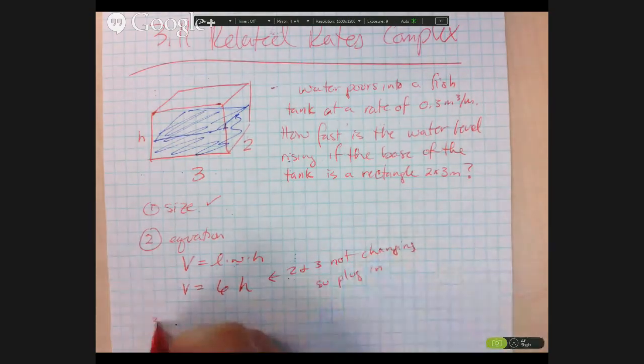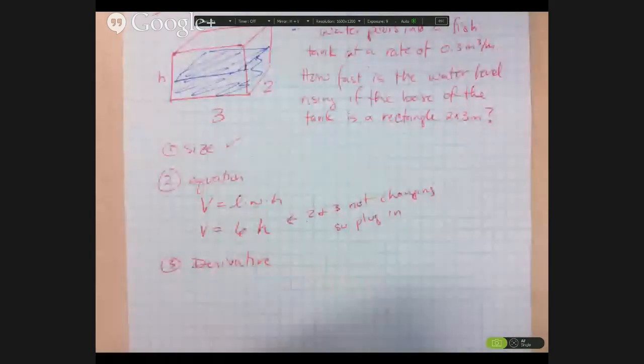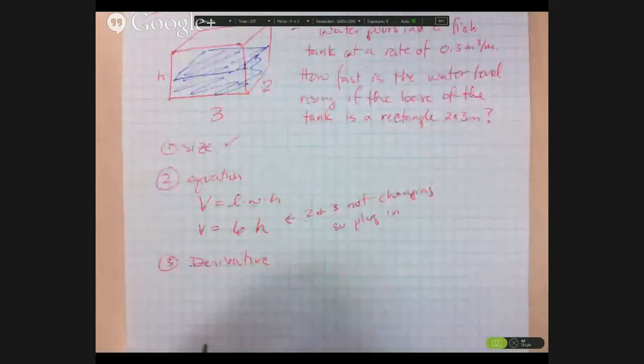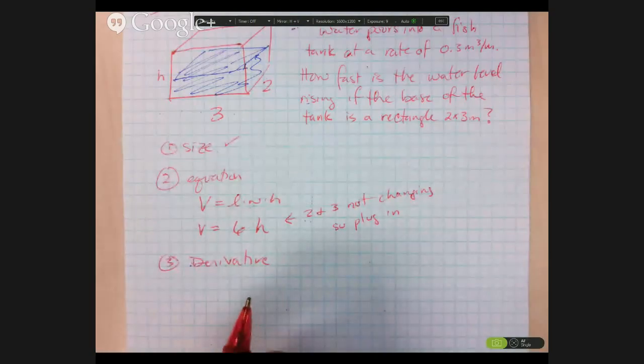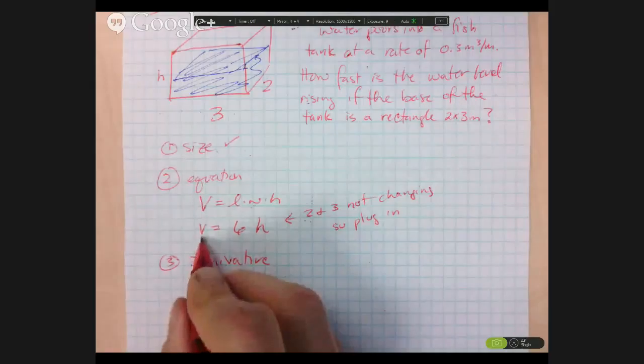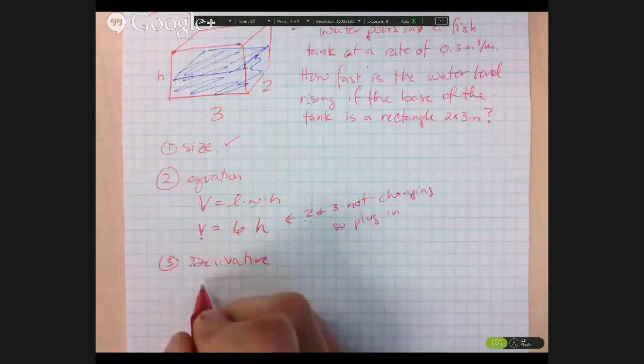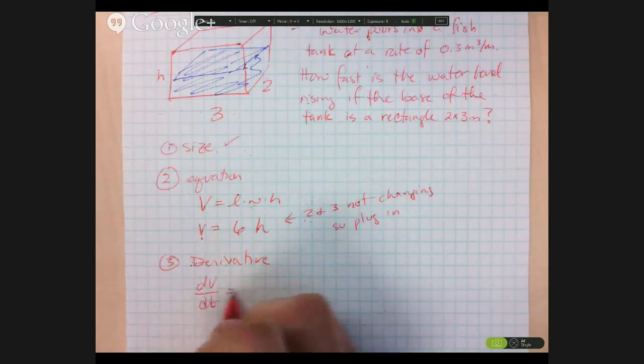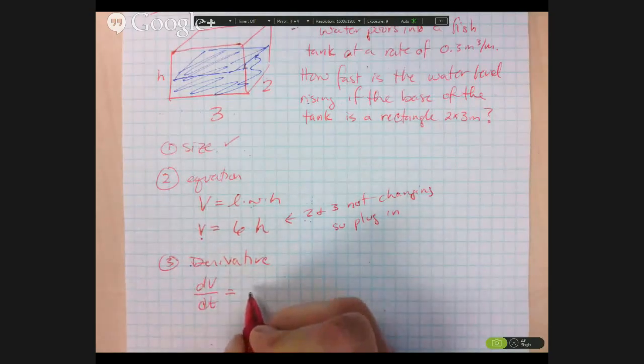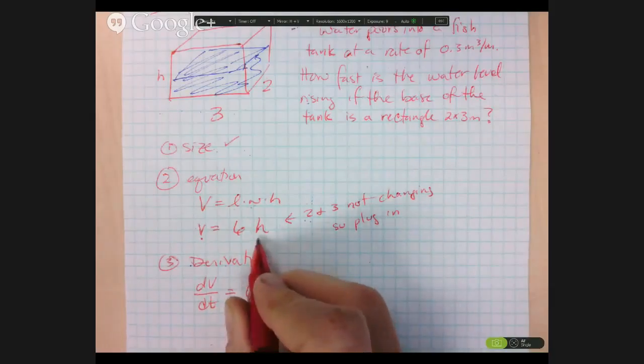Now derivative. What's the derivative of that with respect to time? What's the derivative of V with respect to time? Okay, dV/dt equals 6. What's the derivative of H?